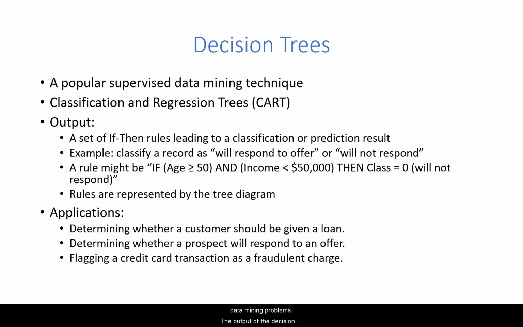The output of the decision tree model is a set of if-then rules, which eventually lead to a classification or prediction result. For example, if the goal is to classify cases into either the will respond to offer class or the will not respond to offer class, the rule may be something like this.